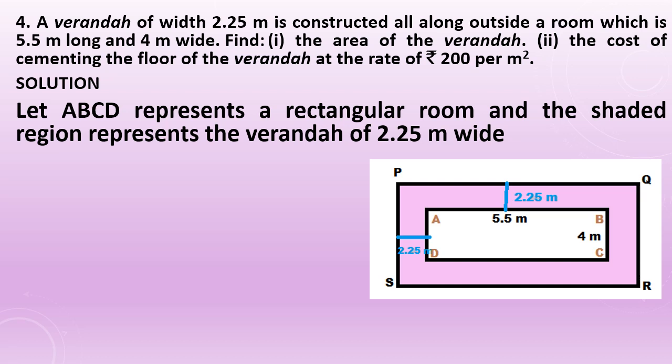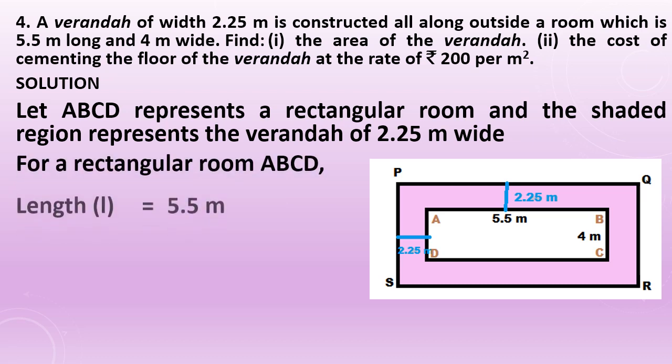So as it is given outside, you can add 2.25 plus 2.25, which gives 4.5 meter, to the length and 4.5 meter to the breadth, so that you will get the length and breadth of the outside rectangle PQRS.